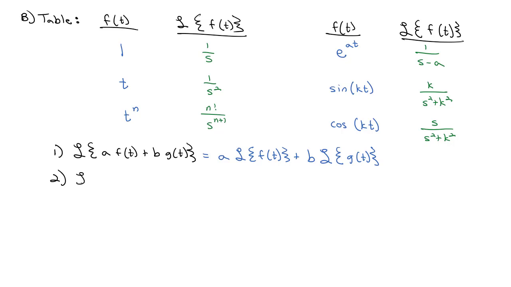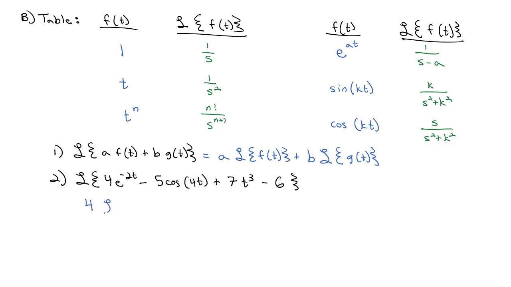For example, if I was calculating the Laplace transform of 4e to the negative 2t minus 5 cosine of 4t plus 7t cubed minus 6, I can take the Laplace transforms of the functions individually with the constants popped out front.